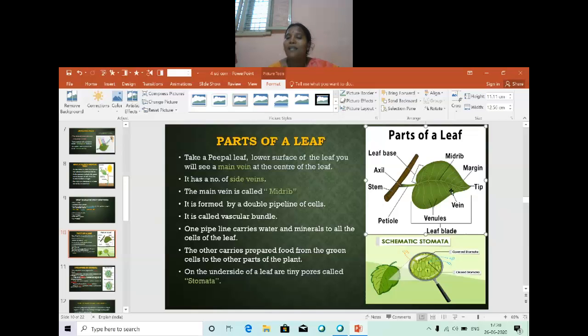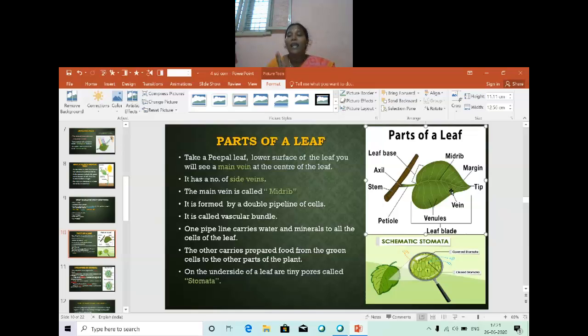Then the lower side of the leaf blade has a lot of small holes, which means pores. On the lower side, a lot of holes are there. Those holes are called the stomata.